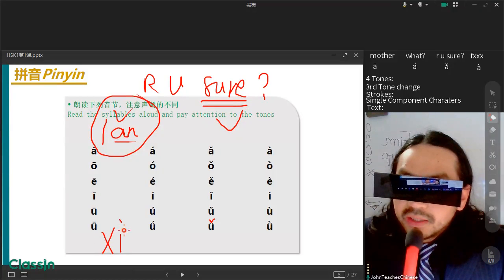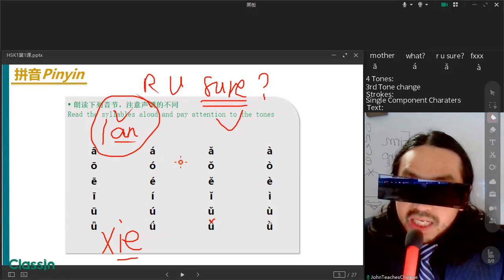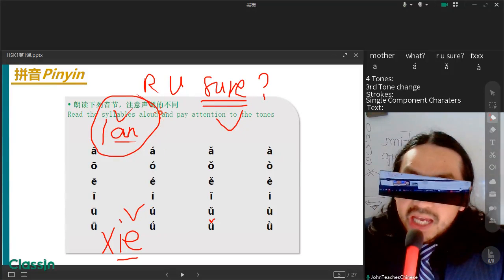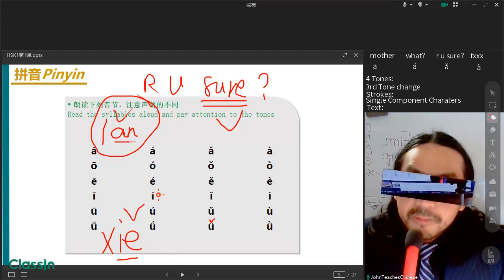And this one together is ye. This is a xi. Xi ye, xie. That's the first tone. Second tone, xie. The third tone, xie. Are you sure? Xie. Okay?